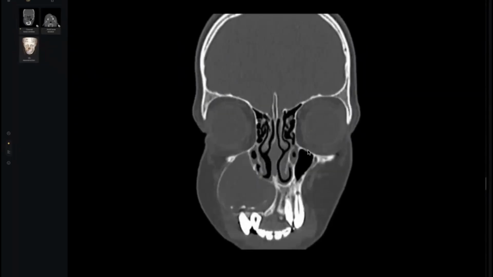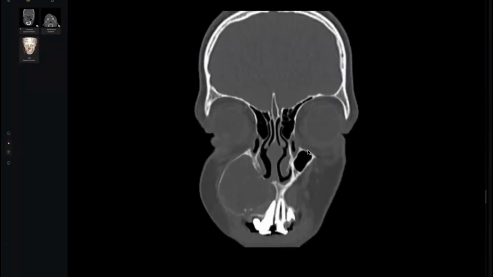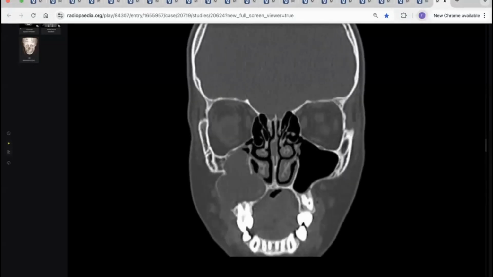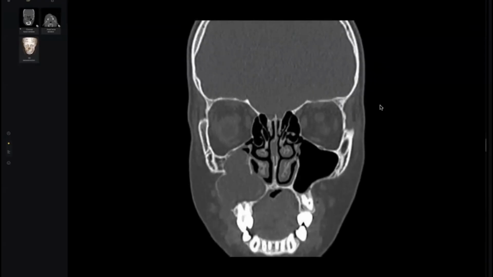So the possibilities for a maxillary cystic lesion which appears non-aggressive include odontogenic keratocyst, and others. The differential is a periapical cyst, which is possible because it is usually associated with the apex of the tooth. But this is related to the molar tip, so it is most probably an odontogenic keratocyst. Excellent. What's the management?